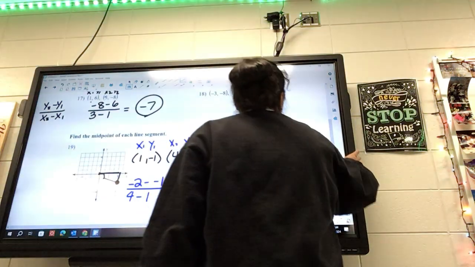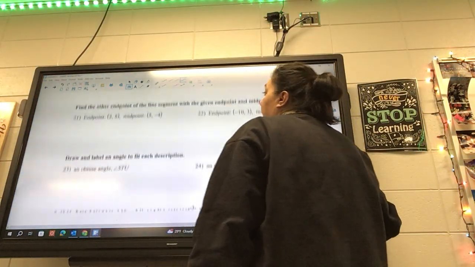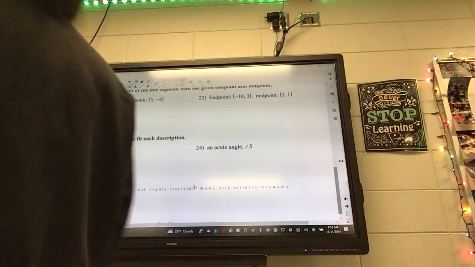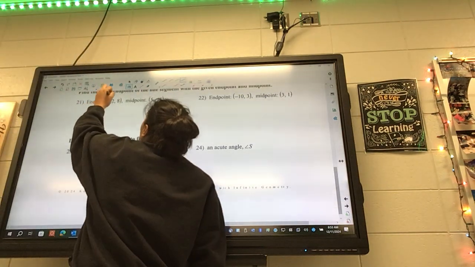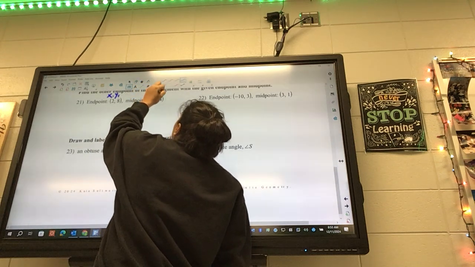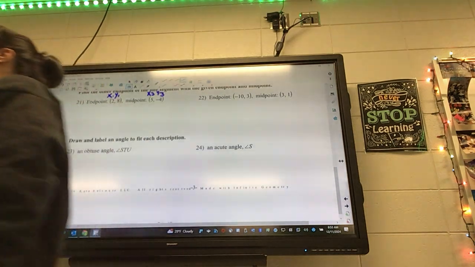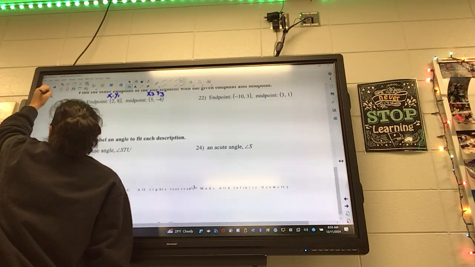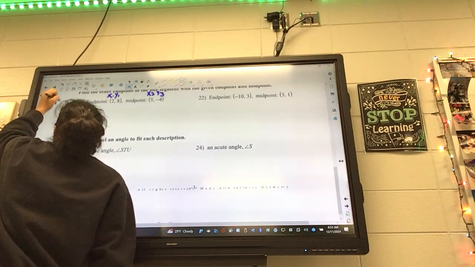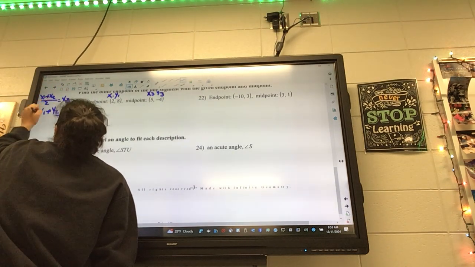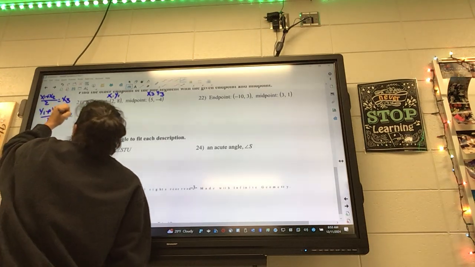Man, I really did not leave enough room on some of these. Okay, 21, write small. So we're gonna label these x1, y1, x3, y3, because it's a midpoint. So we're using this formula: x1 plus x2 over 2 equals x3, and y1 plus y2 over 2 equals y3.